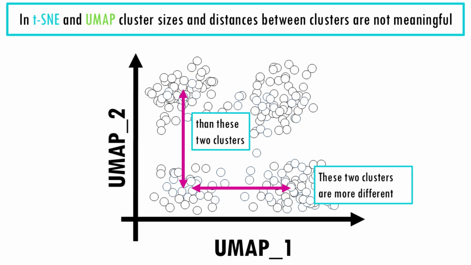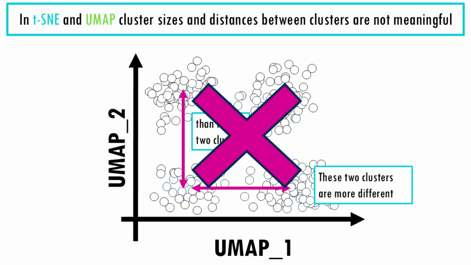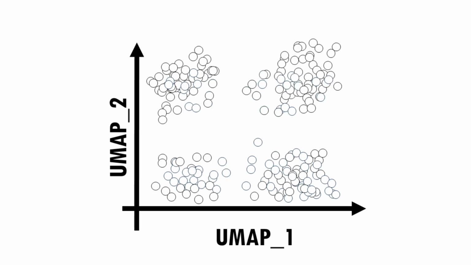First, you should know that in UMAP and t-SNE, the cluster sizes relative to each other don't mean anything. But most importantly, the distances between clusters do not mean anything. This is because when UMAP is constructing the high-dimensional graph, it uses local distances between cells.